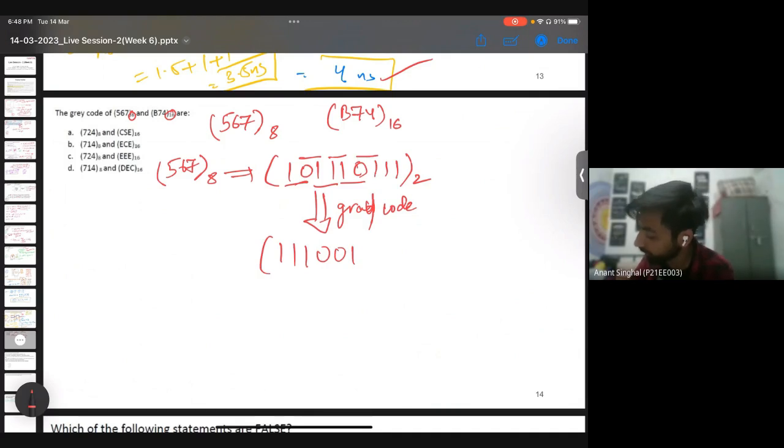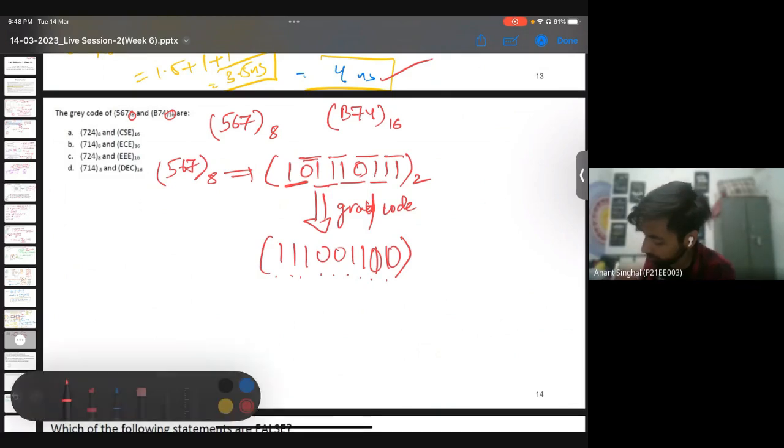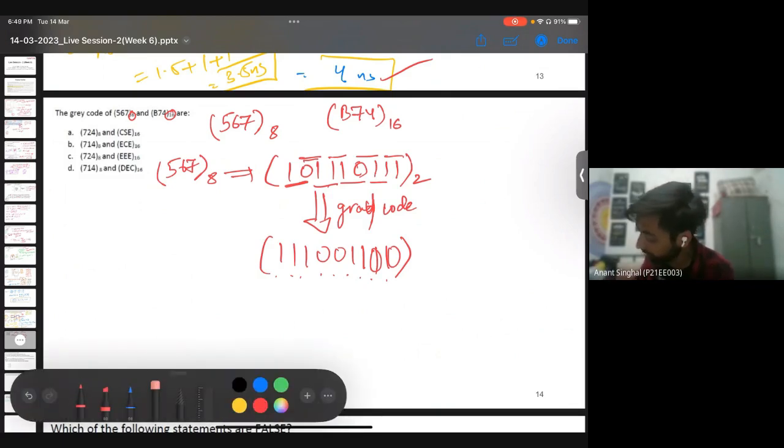Let me recheck. 1 is as it is. 1 XOR 0 is 1. Then 0 XOR 1 is 1. Then 0, then 0, then 1, and then 1, then 0, and then 0. So let me rewrite it: 1, 0, 0.